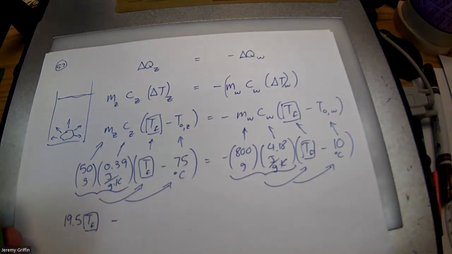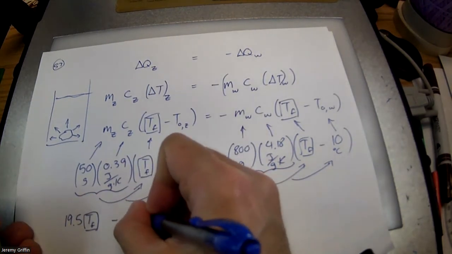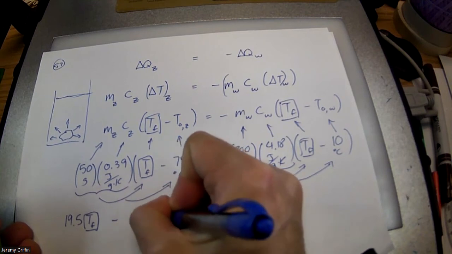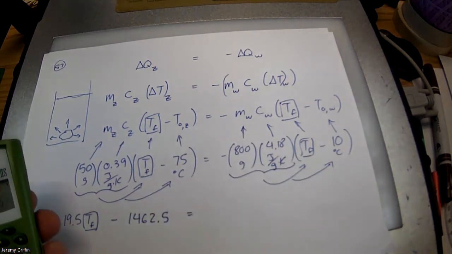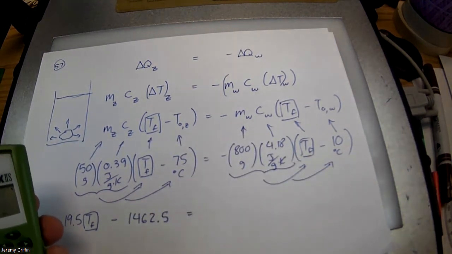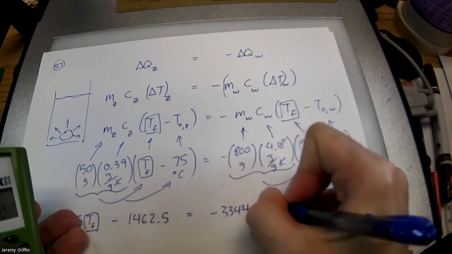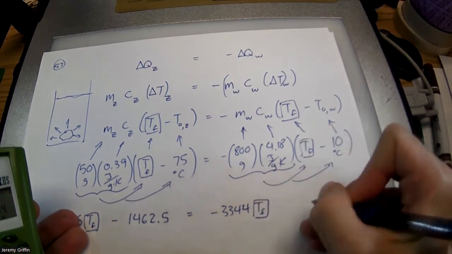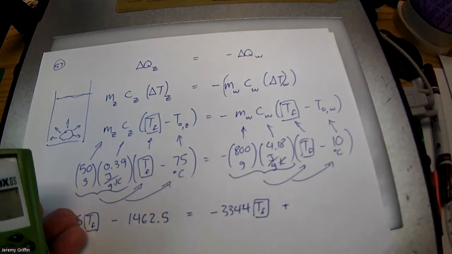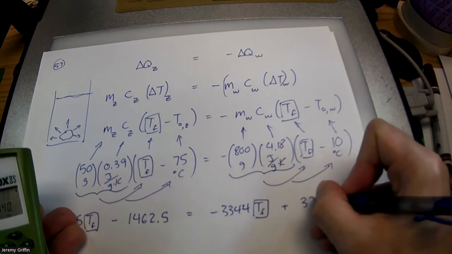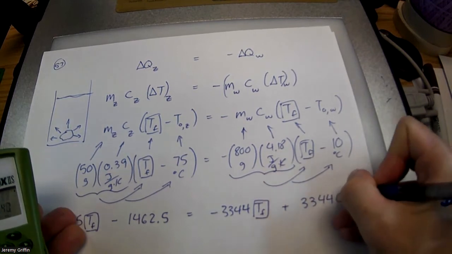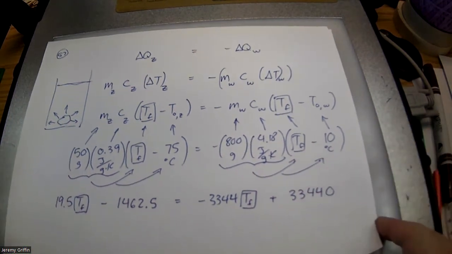Minus times 75. So one line is going to look like that.